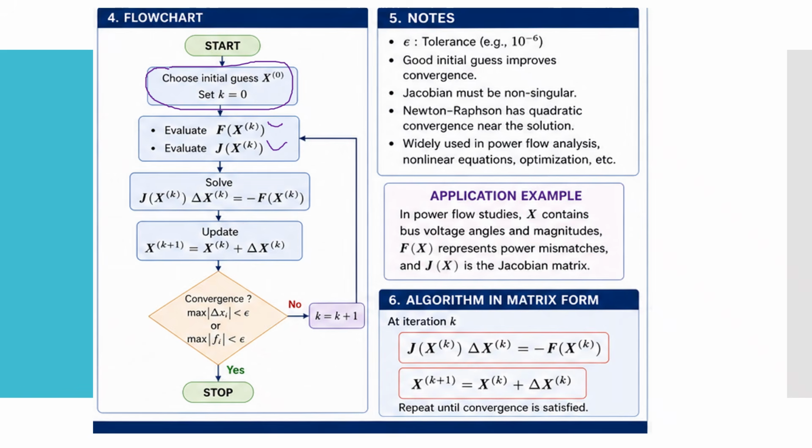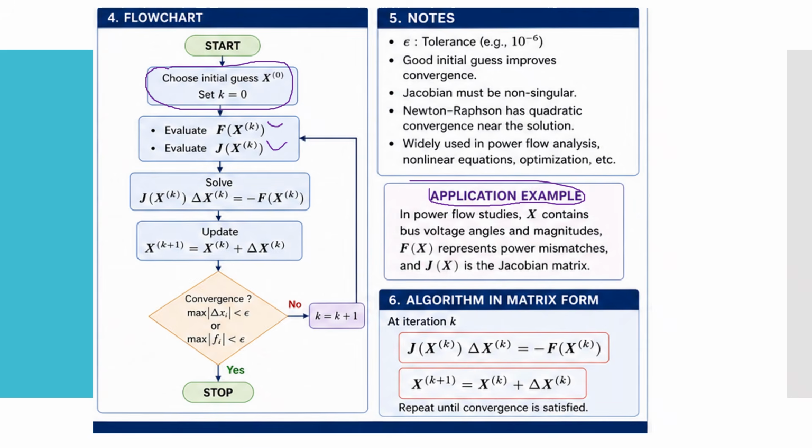Newton-Raphson has quadratic convergence near the solution. As we approach the solution, the convergence is high. The application of Newton-Raphson is highly valuable in the power flow study, since the equations are non-linear in terms of calculating active and reactive power.